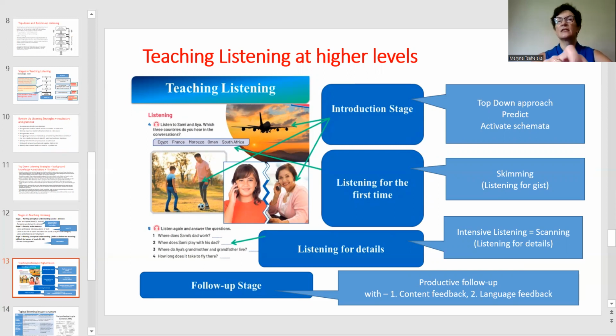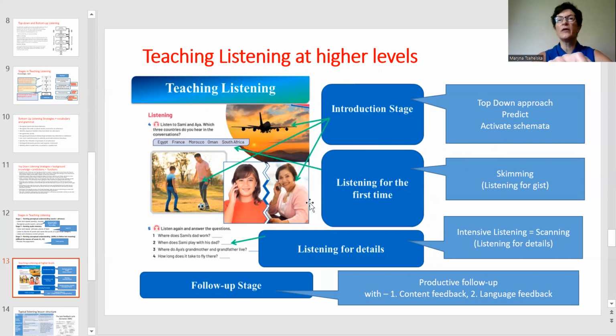So, what happens at the higher levels when it's a listening lesson? We start with a lead-in or introduction stage, and this lesson is obviously a top-down approach lesson. Our students look at the pictures, they try to predict what the text will be about.